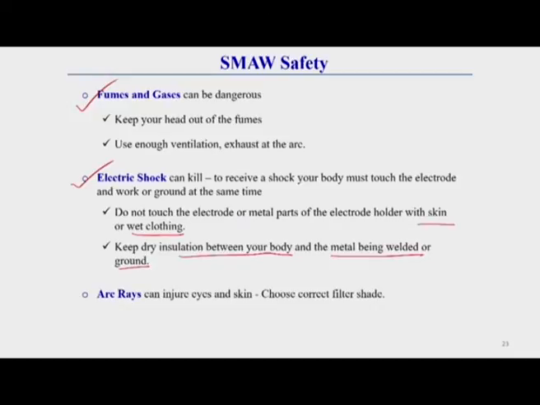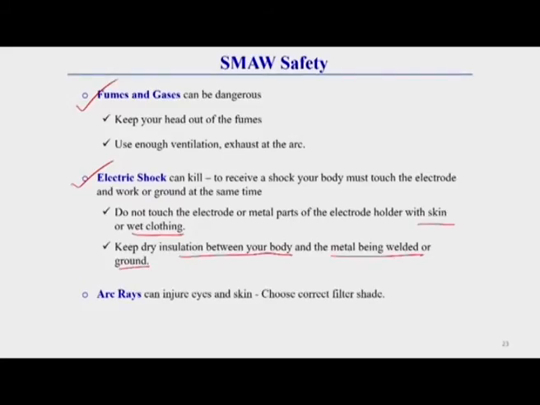Then another thing generated in this welding operation is ray. At night times, where these types of welding operation are done, you can see a thunder type of light coming out, a sparking type of thing. So this is a very dangerous type of ray.